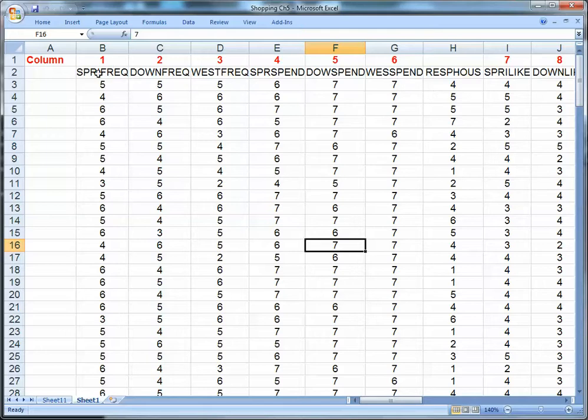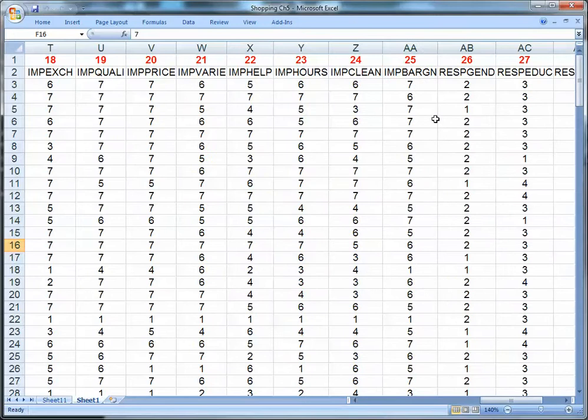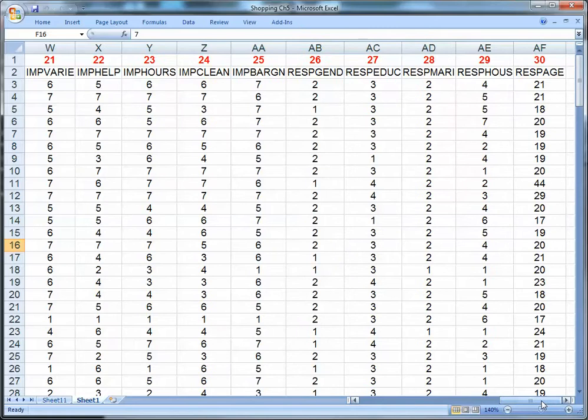I'm going to look at the frequency of shopping versus not gender, but something else that we have just a 1 or a 2 for. Which was it? Marital status, column 28.